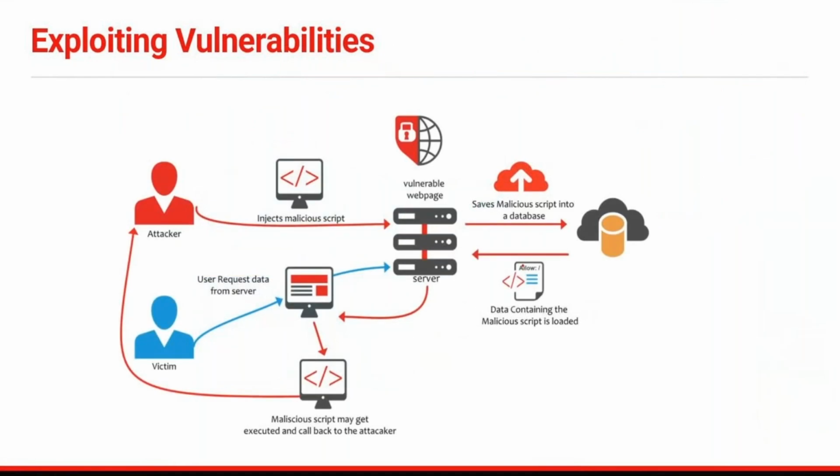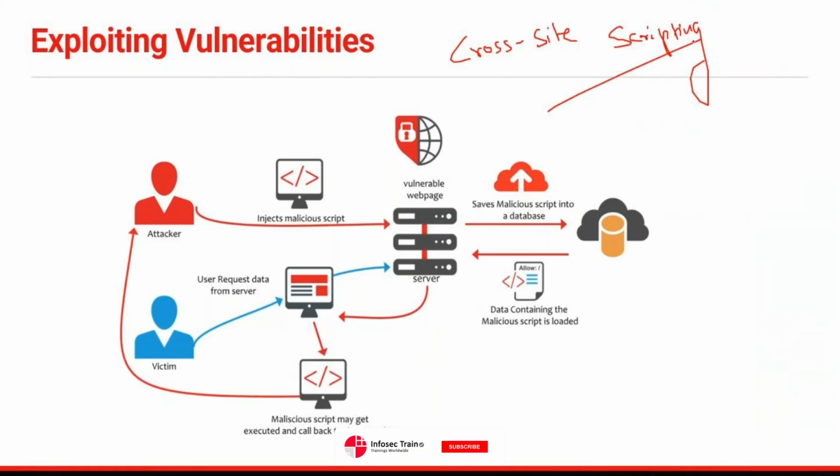Then we have the next vulnerability, XSS. Now XSS stands for cross site scripting. Now cross site scripting is basically a vulnerability which exploits the interactions between the user and the application, right?